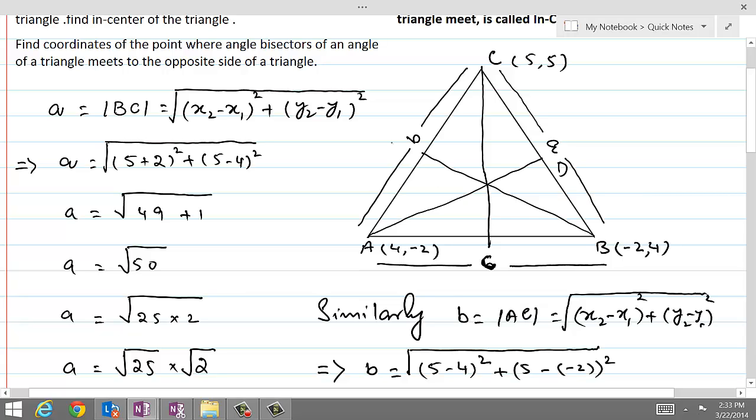So D, E, and F. Then this is the point which is called the in-center, and its coordinates are 5/2, 5/2. And it is at equal distance from all three sides of the triangle.